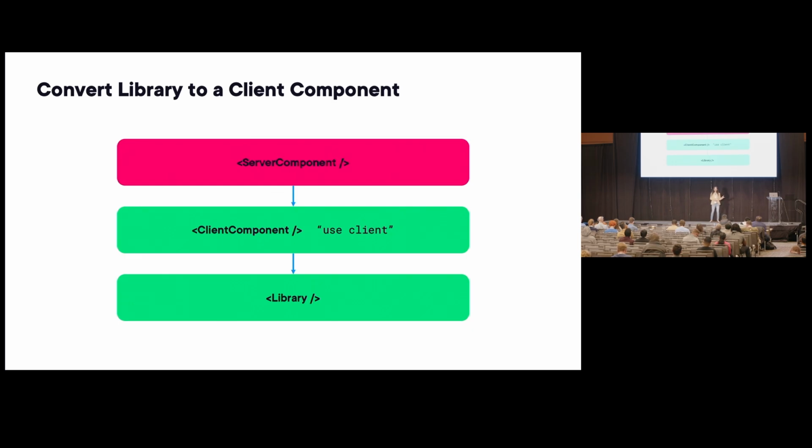But what I did for one of my clients was I had to convert all of that Material UI code to client components. And the way that works is you have the server component on the very top, and you're going to have to wrap your library in a client component and add that use client directive. And that's what's going to convert that whole library into a client component.